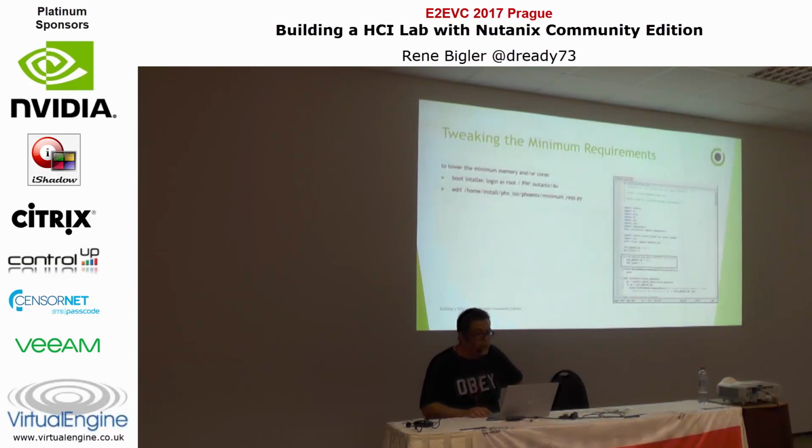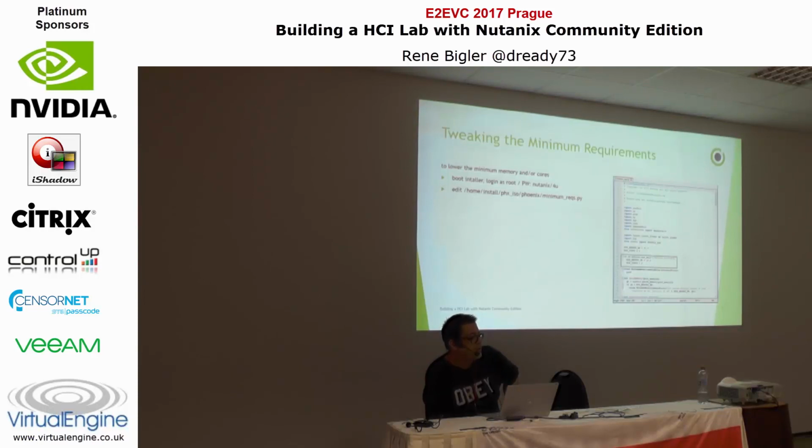So, I told you the minimum is officially these 4-core CPUs you have to use, but you can tweak the installer setup. I've done this on my setup. I have these 6th generation Intel NUCs. They have only dual-core CPUs.